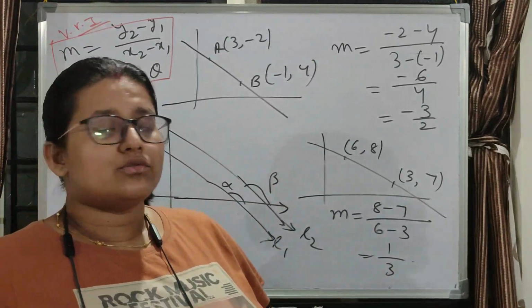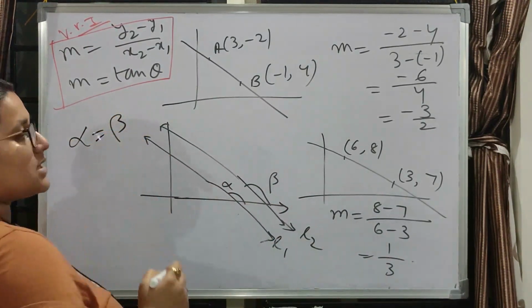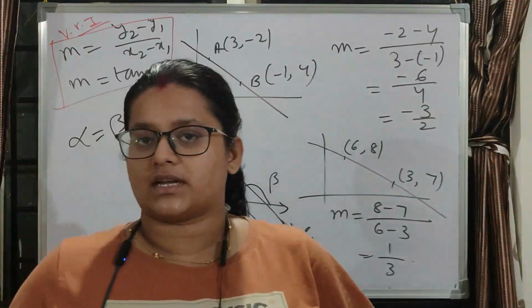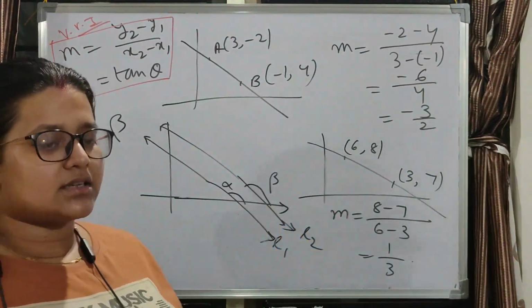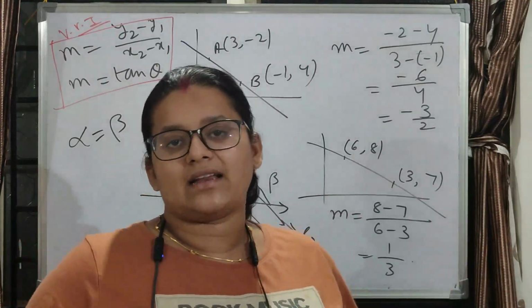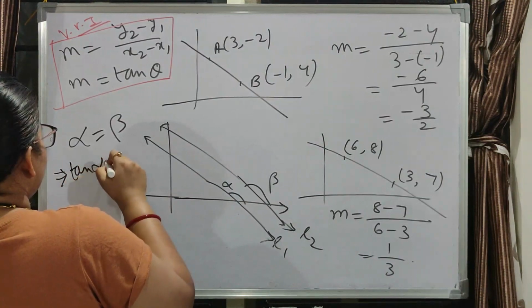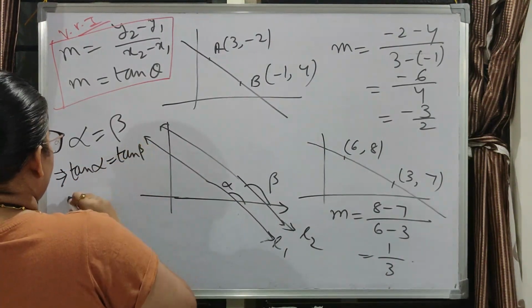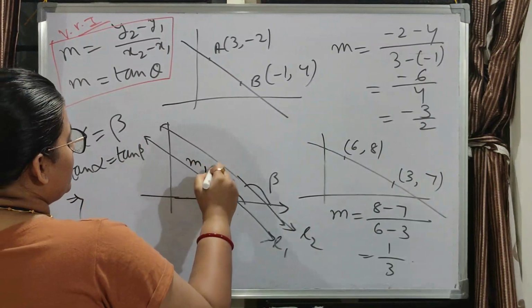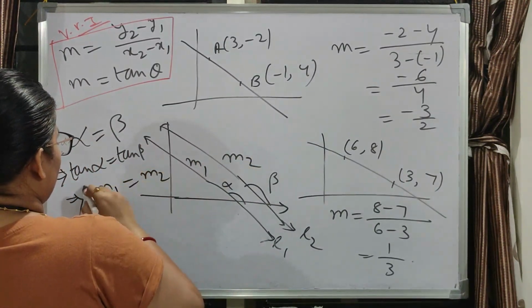For parallel lines we know that inclinations are equal. So alpha equals beta. As theta, inclinations are between 0 to 180 degrees, so we can operate tan on both sides. So that will be tan alpha equal to tan beta. If the slopes are m1 and m2, then m1 is equal to m2.